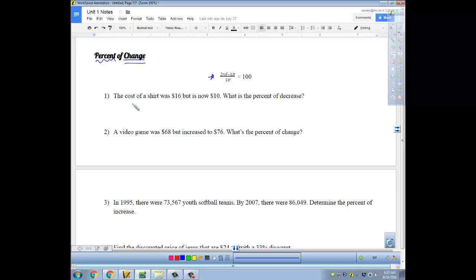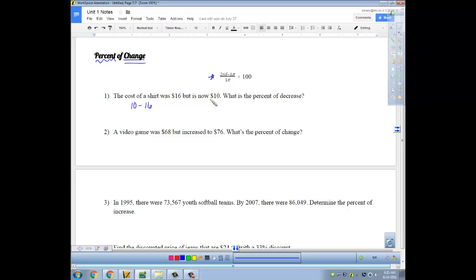So we'll first figure out how much did it change. So it has 10 minus 16. Now, you can really subtract them in any order, but sometimes they'll ask you, was it an increase or a decrease? You can figure that out no matter how you subtract the numbers, because we went from $16 to $10, so it went down, it decreased.